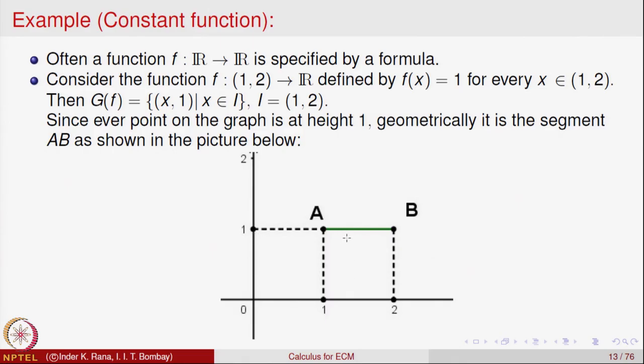So, this is a function which is not 1-1, and the codomain is R. What is the range? The single point 1. So, this is also not onto. So, this is neither 1-1 nor onto. But it is a very simple function with a nice graph. So, the constant function f of x is equal to 1 on the domain (1, 2), this is the graph of it.